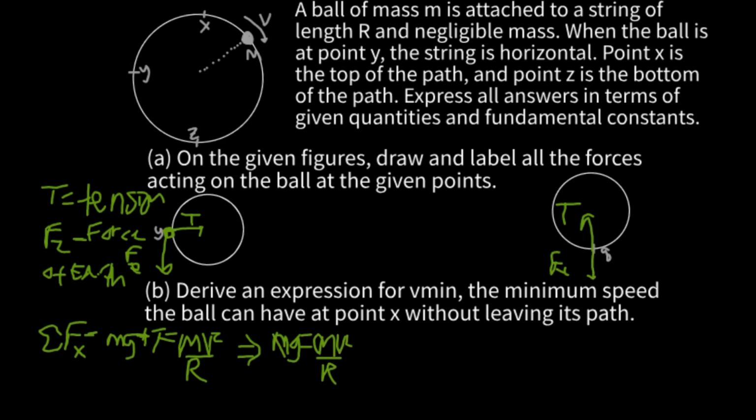Our m's cancel, and then we can simply say v minimum equals the square root of g times r, when you multiply both sides of the equation by r and take the square root. So that would be the answer for part B.